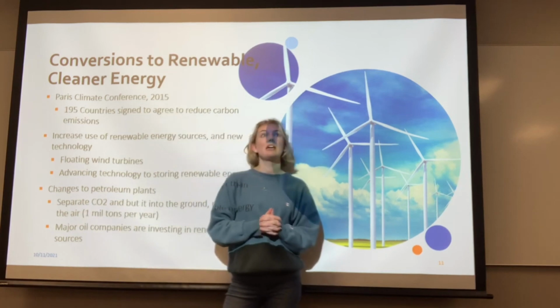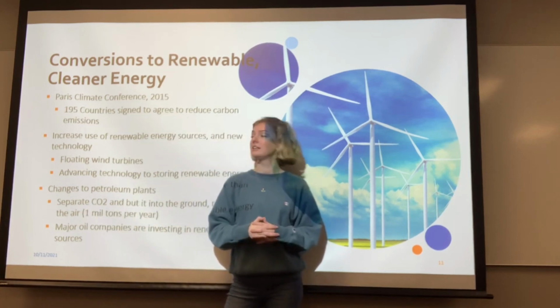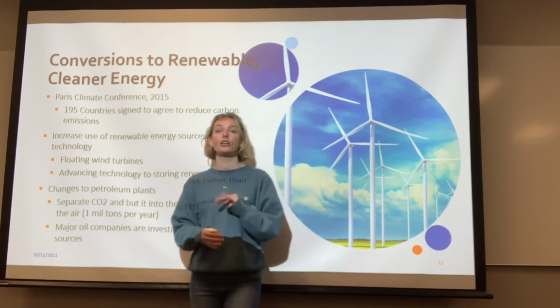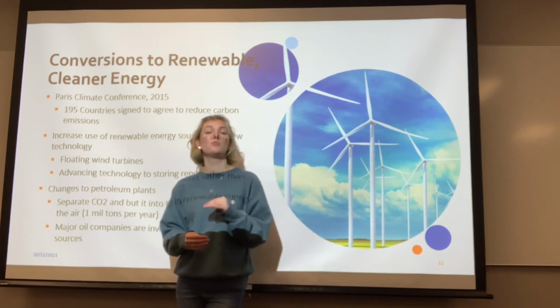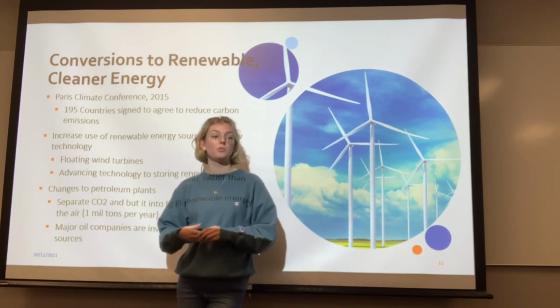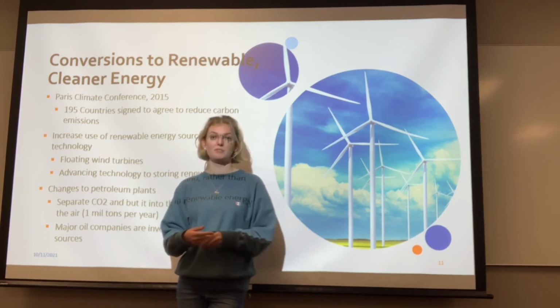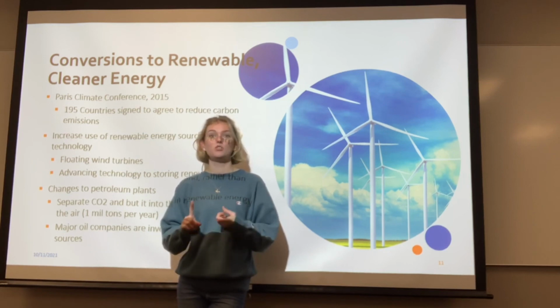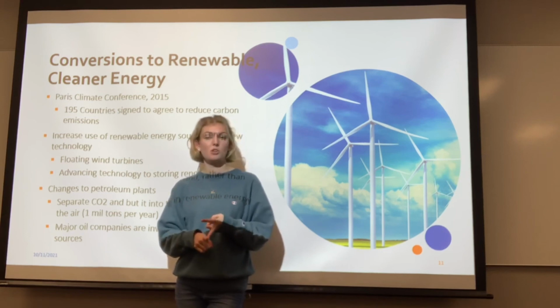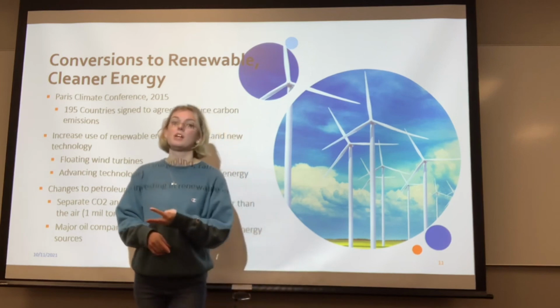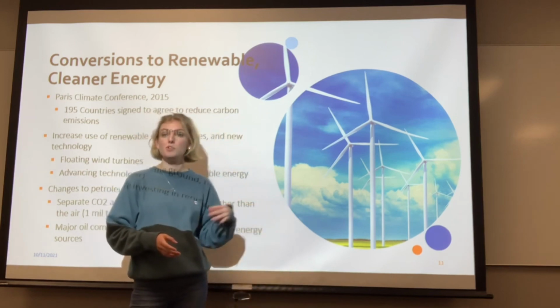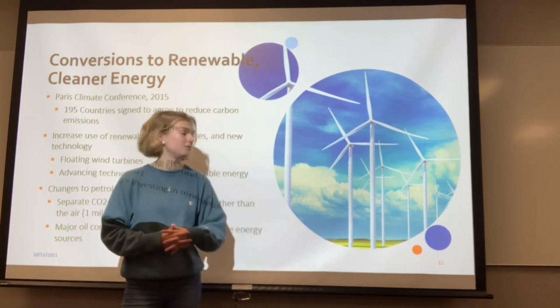There is a town in Norway that relies completely on renewable resources to supply the town. It includes wind turbines, solar panels, and biomass energy, which comes from the manure from a lot of farms in the town.